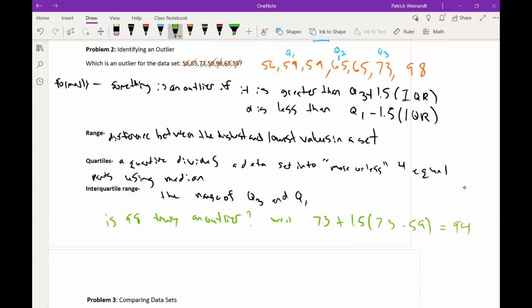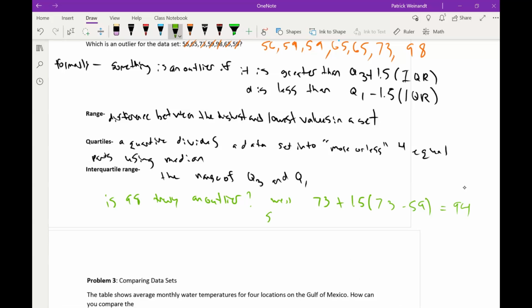Okay, well, is 98 greater than that? And the answer is yes. So it is. We can verify. So we know 98, or we could also say anything above 94 would be an outlier.